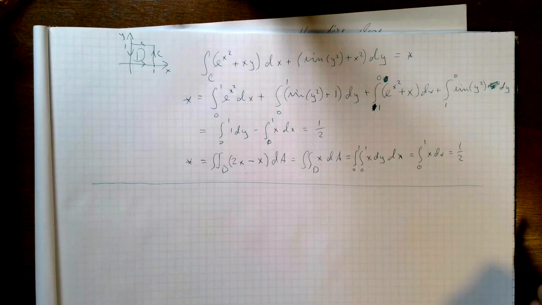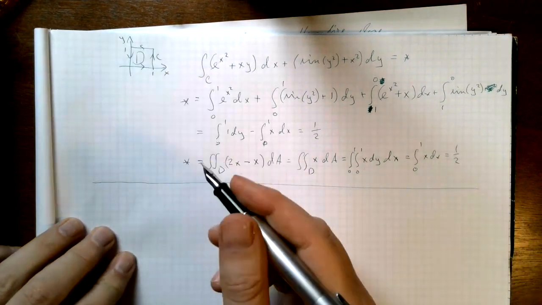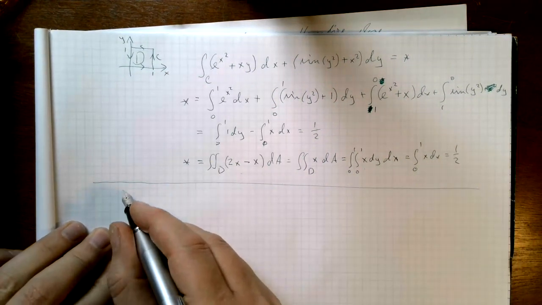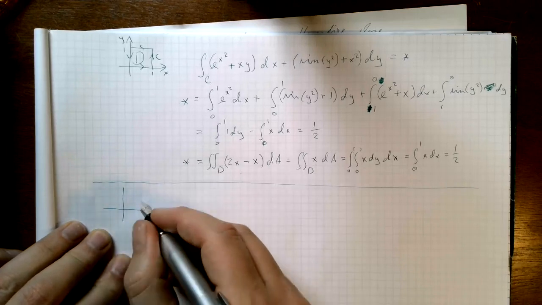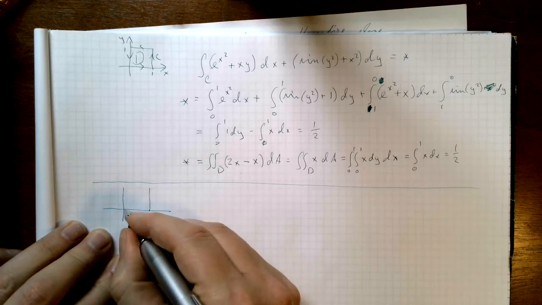So let's try a more complicated thing. What if we had this triangle?